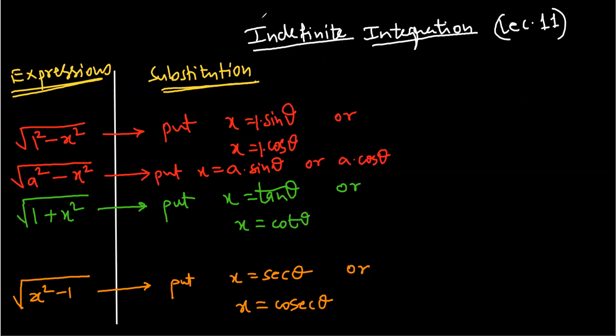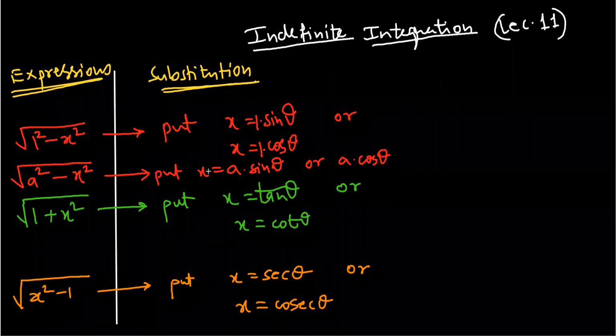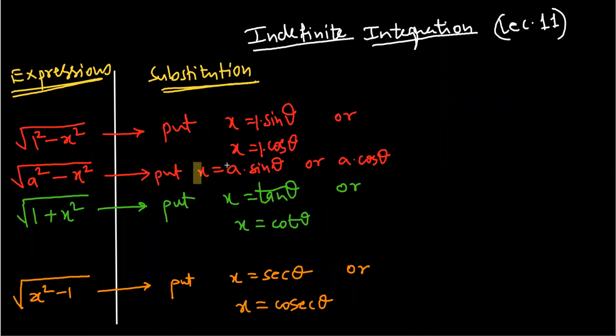Now some of you might be thinking whether this is going to work, because what was our aim? Our aim was to make the expression simpler by using this. So if some of you are thinking that is this going to work, my answer is yes, definitely it is going to work.